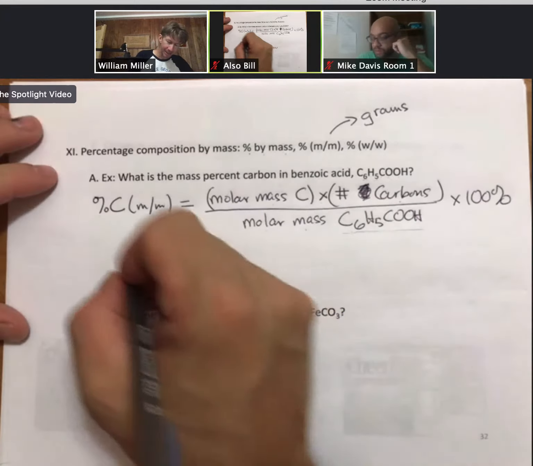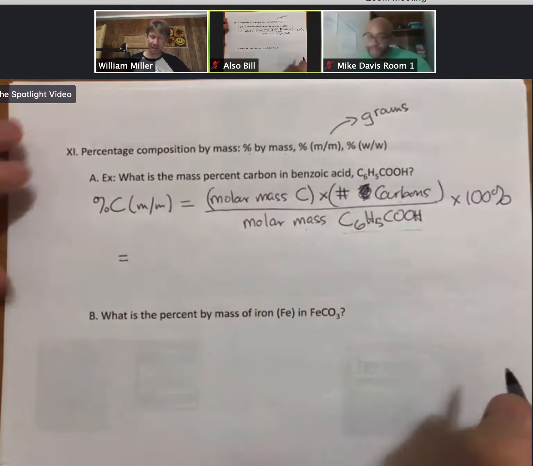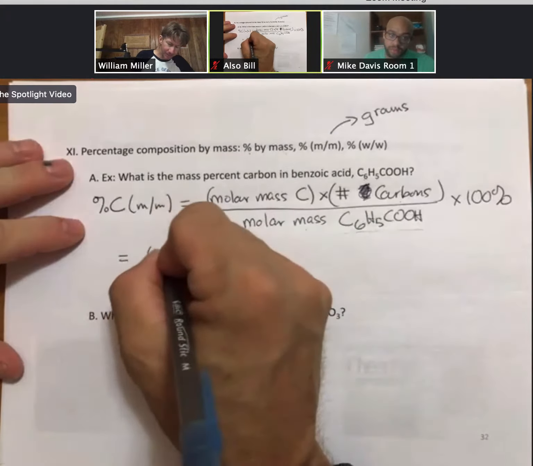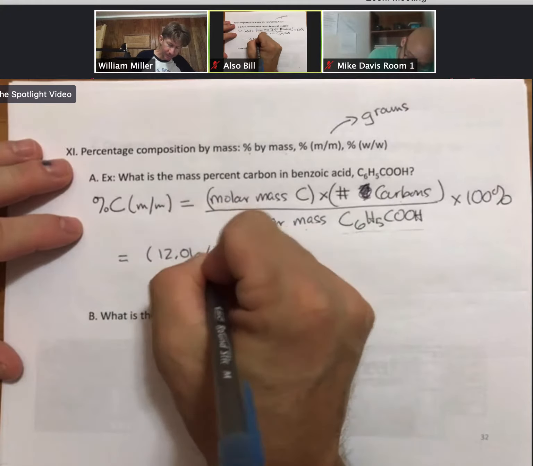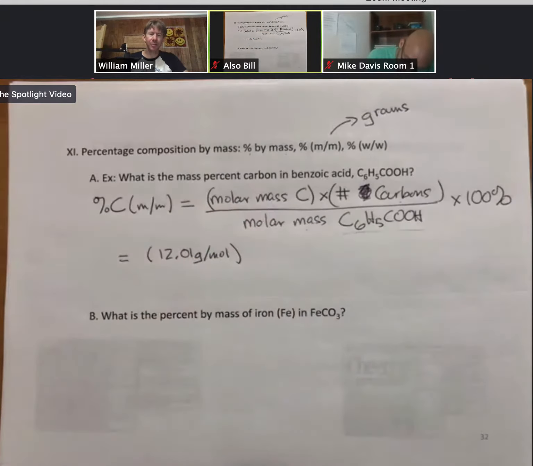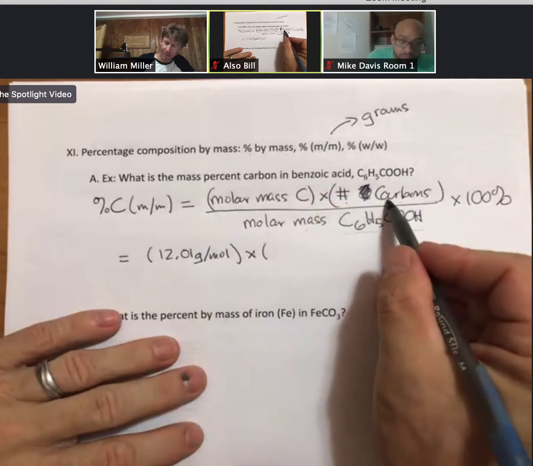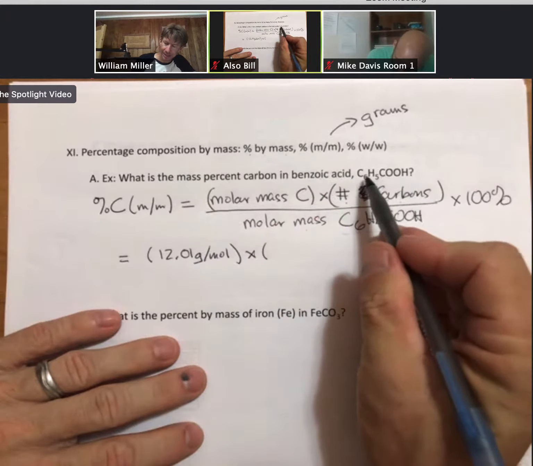And I'm going to move my equal sign over a bit to make sure I have room. The molar mass of carbon, straight off the periodic table, 12.01 grams per mole carbon. The number of carbons in this compound, I see 6.